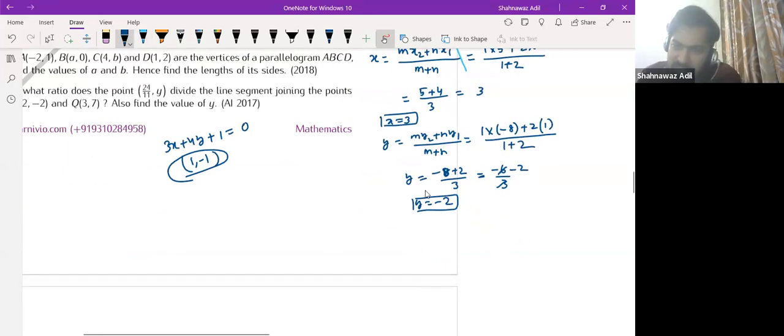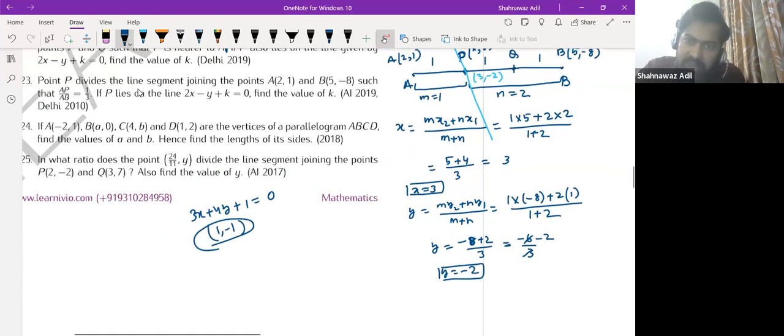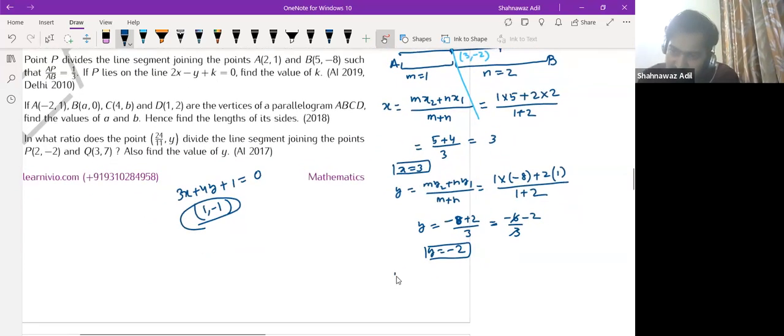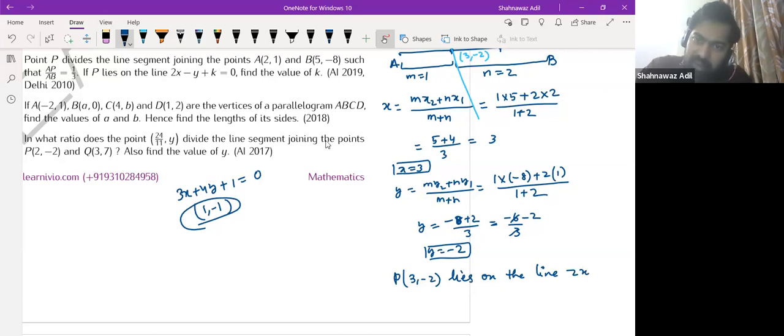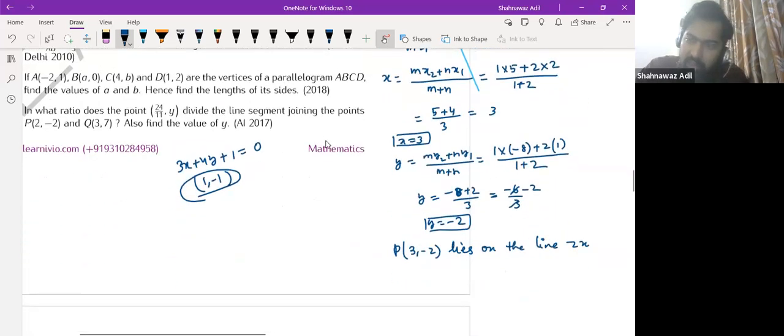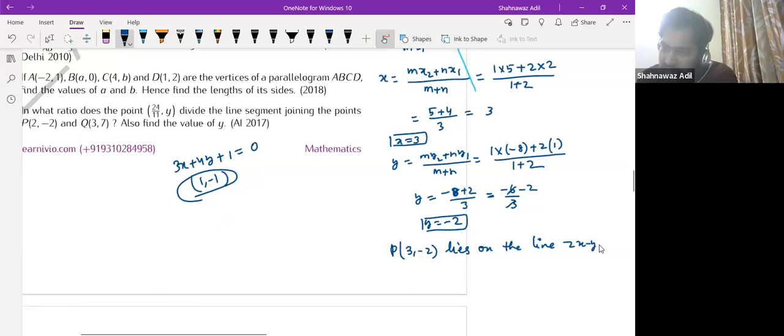Okay, so now let us put all these values. What is the equation? The point 3 comma minus 2 lies on the line 2x minus y plus k, right? Then we can put the value of x and y in here.